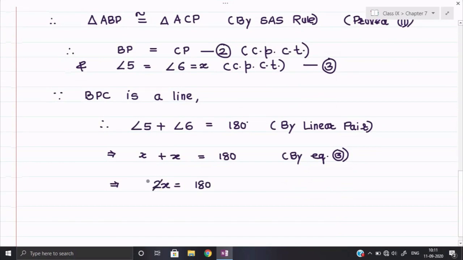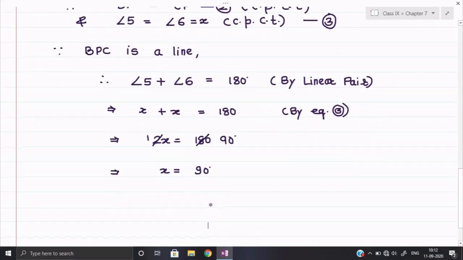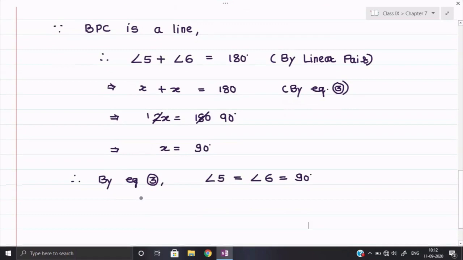From 2, if I cancel 180, it will become 90 degrees. So I can say that x will be equal to 90 degrees. Therefore, in equation number 3, if I put this value, I can say that angle 5 is equal to angle 6 is equal to 90 degrees. So we can say that also by equation number 2.